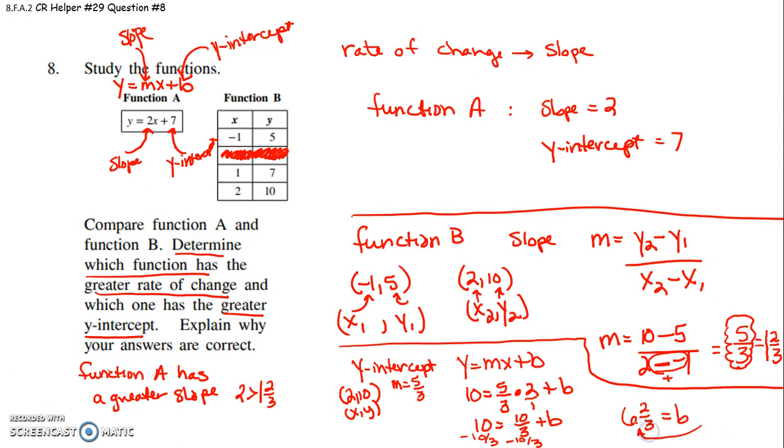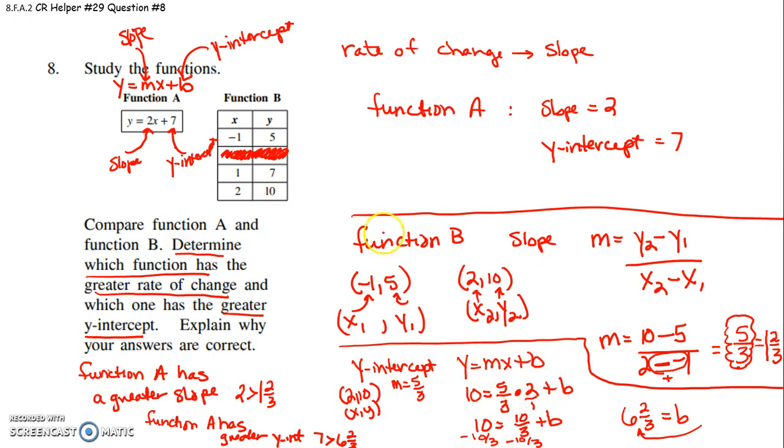So the y-intercept for that looks like it's 6 2/3, if I am correct. I hope I'm correct. So 6 2/3. So function A has the greater y-intercept also. 7 is greater than 6 2/3.